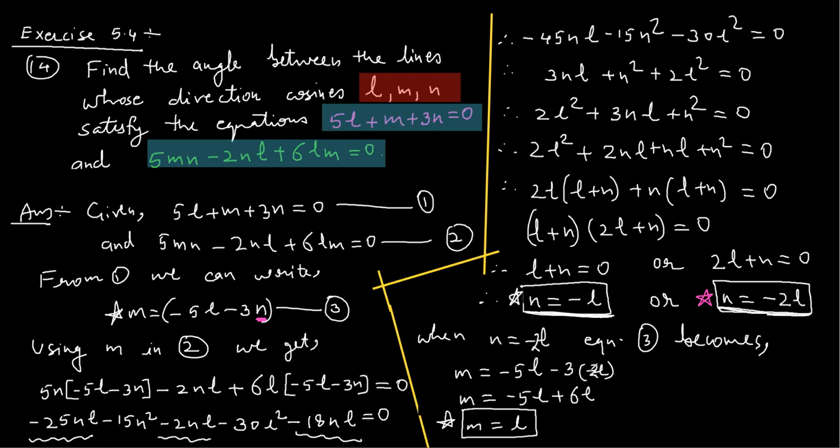So it will become minus 2L, and now the things are okay. So just a small change here you should all understand, and the change is that I'm not solving for the first case, rather I'm solving for this case. I'm taking n equals to negative 2L in equation 3. So what it will become when I use that, it will become minus 5L minus 3 into minus 2L. So this will be now 6L. Okay. So I solved for this.